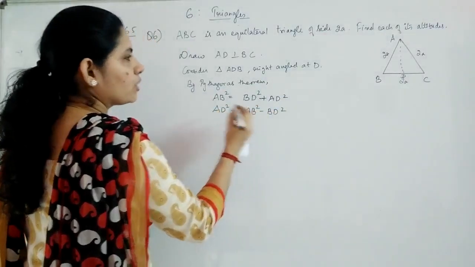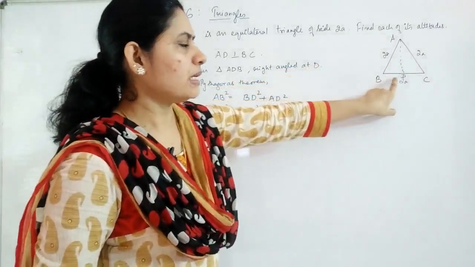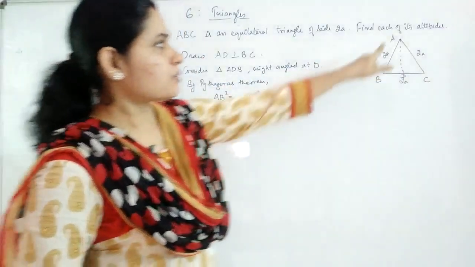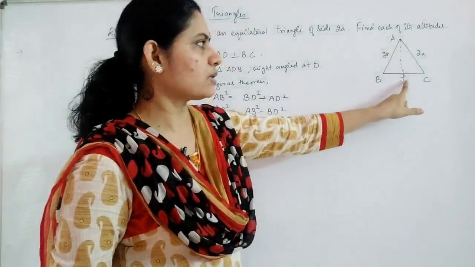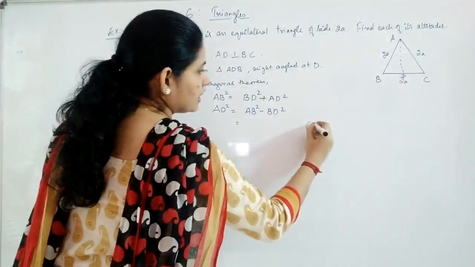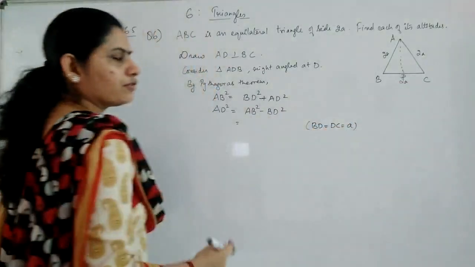Now AB is taken as 2A, and what will be BD? Since it is an equilateral triangle, this perpendicular which we have drawn will bisect BC. That means BD is equal to DC is equal to A, half of the measure.